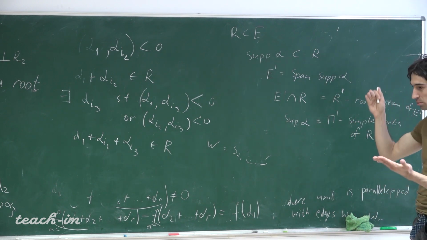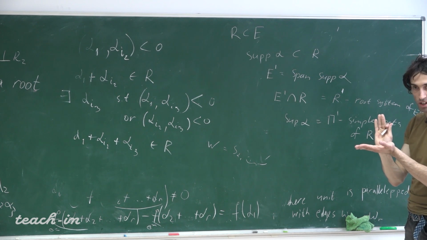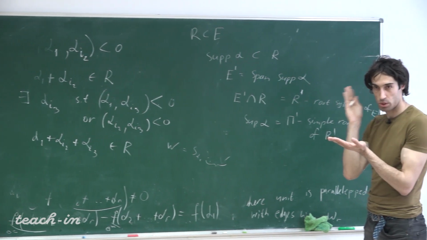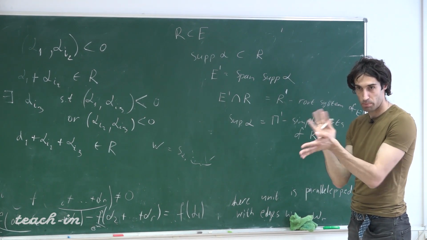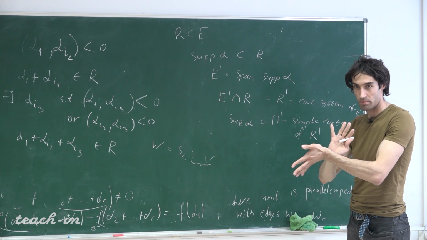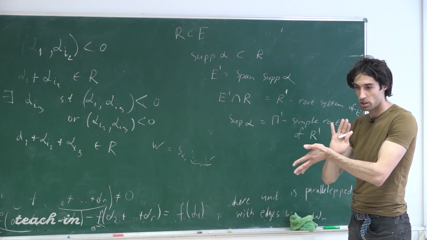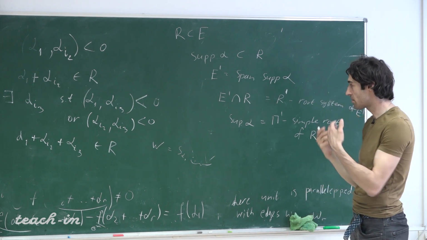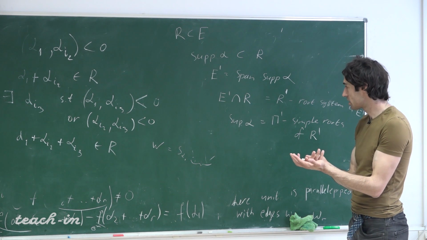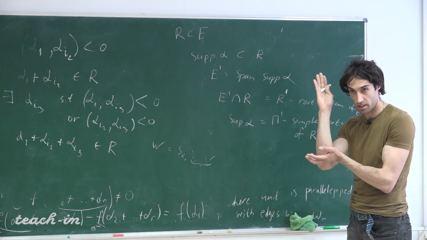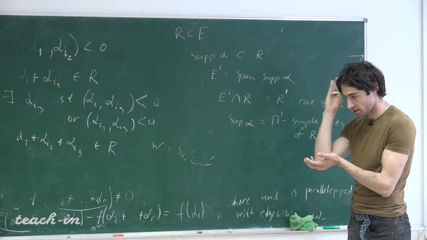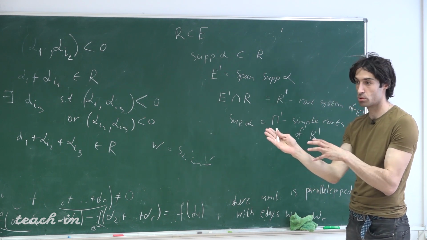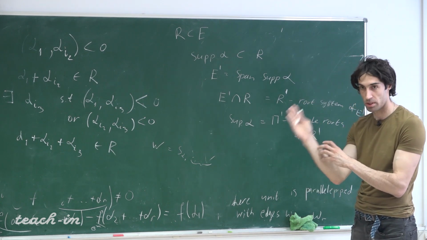Suppose we have the support, and now I would like to restrict myself to the subspace of E spanned by this support. Then I intersect my root system with this subspace. This will be some smaller root system, of rank equal to the dimension of this subspace.